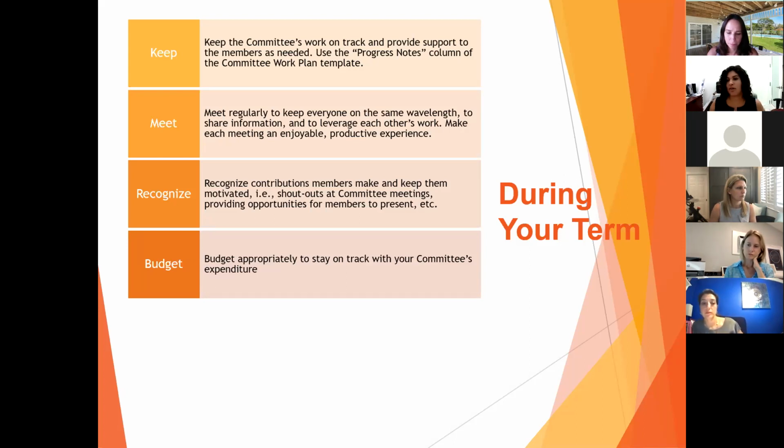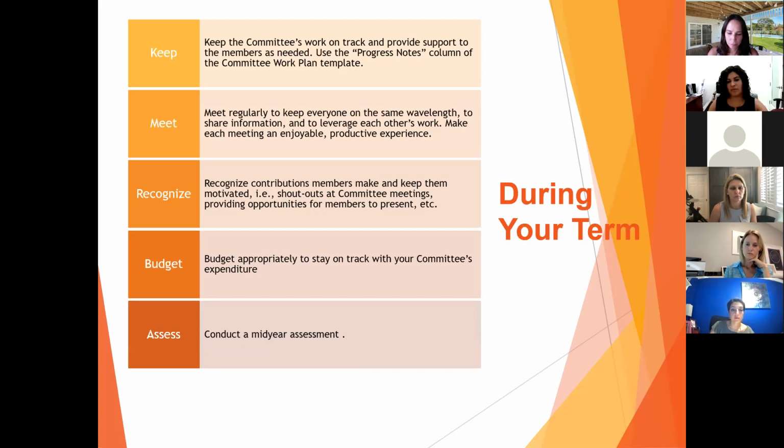I don't know if everyone has seen their budgets yet, but everything is done by line items. So if you only have $400 to spend on food, remember that that's all you have for the whole year. Plan accordingly if that's the case. It's really about planning when it comes to your budget.